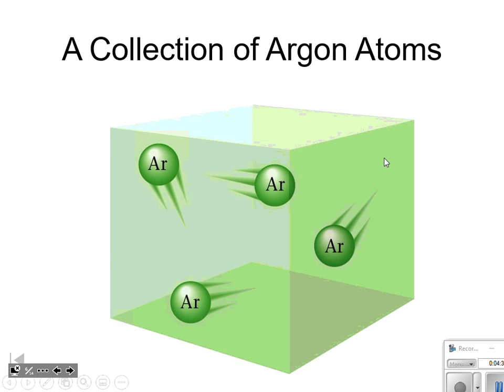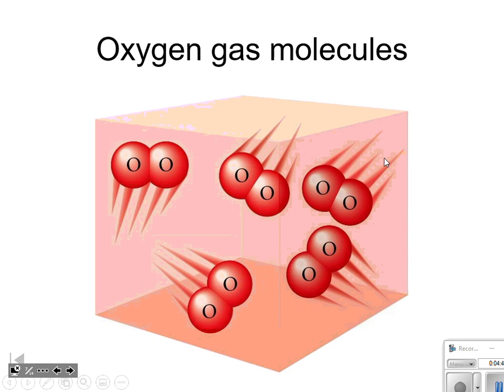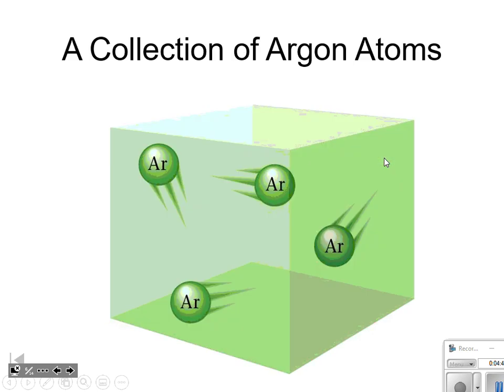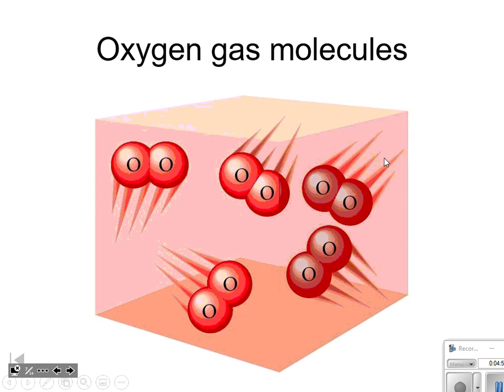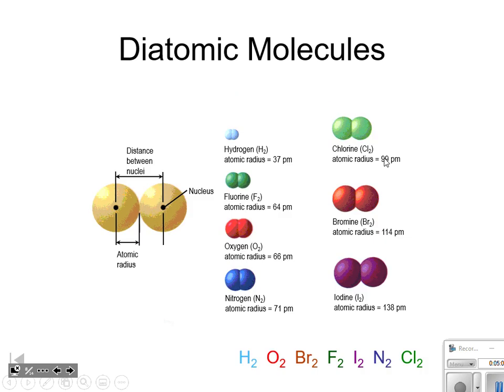If I see a molecule, a molecule of nitrogen here tells me that there are 2 of them bonded together covalently. Molecules, covalent bonding, nitrogen. Here's oxygen gas molecules. Once again, molecules tell me that that is covalently bonded. So oxygen gas molecules tell me that there's two oxygens bonded together.